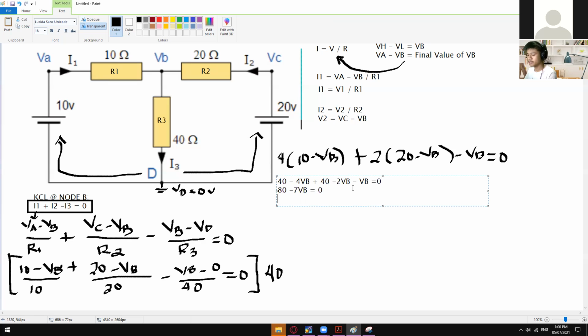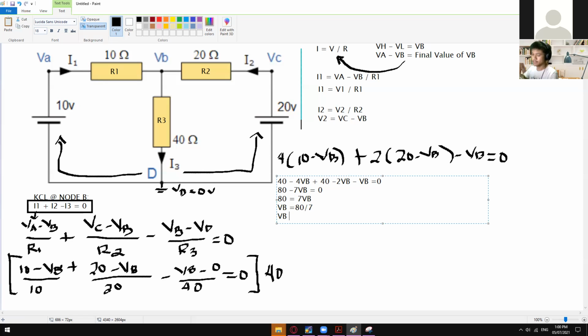Then from here, you can now transpose the VB to the other side. 80 is equal to 7VB. And then you can now have this equation: VB is equal to 80 divided by 7.